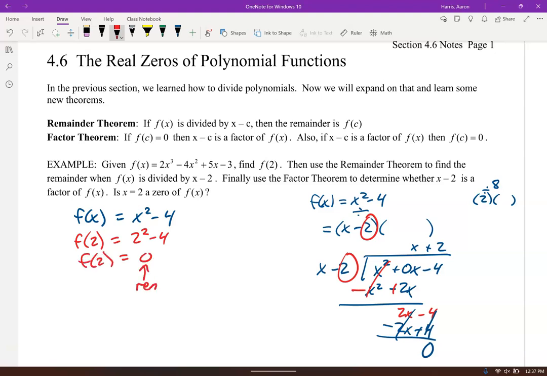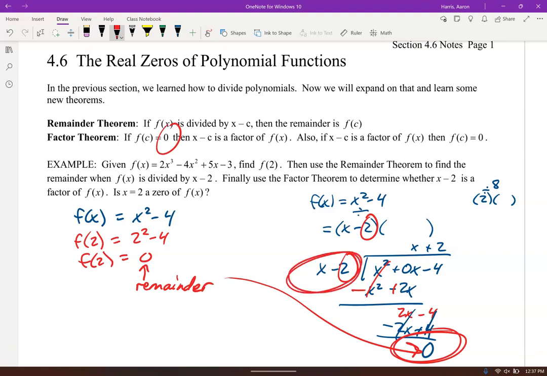That's my remainder. See it right there? There's my remainder. 0, right? So that's what the remainder theorem is saying. And then the factor theorem is saying, well, if the remainder is 0, like in this scenario, then x minus 2 has got to be a clean factor, right? And it was. We knew that. We knew x minus 2 is a factor of x squared minus 4.